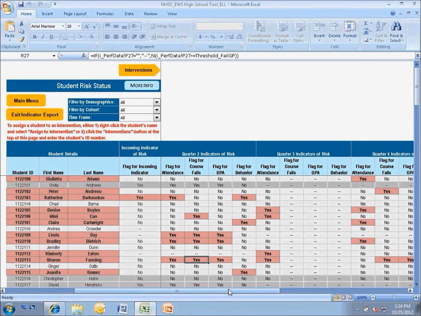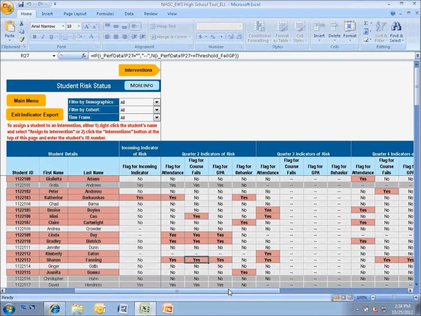The most important thing you can remember about this portion of the process is it's important not to get overwhelmed. I've worked with a lot of educators who get to this point, see all of this information, all of the students, all of the flags, and just can't decide how to best move forward to help these students.